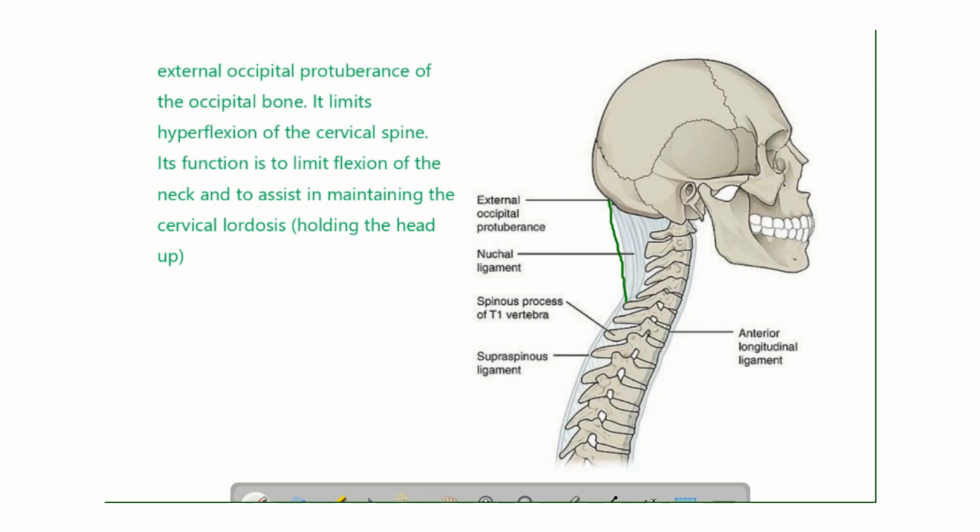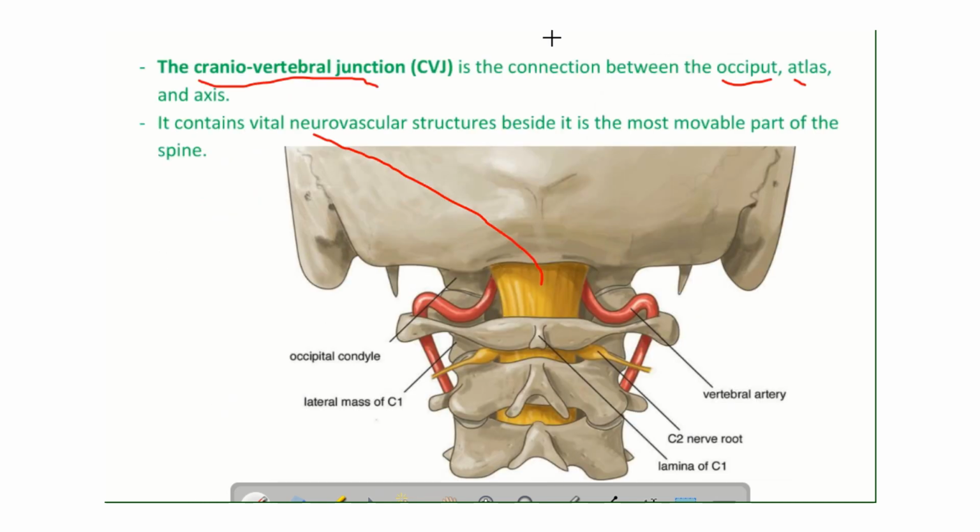This ligament prevents hyperflexion of the cervical spine. Hence, these are the craniovertebral connections. Craniovertebral, the connection between the skull or the cranium with the backbone, which is the vertebral column.